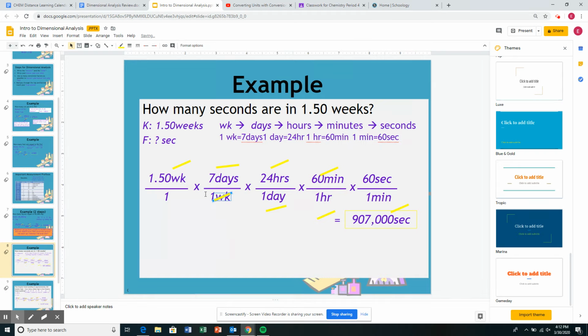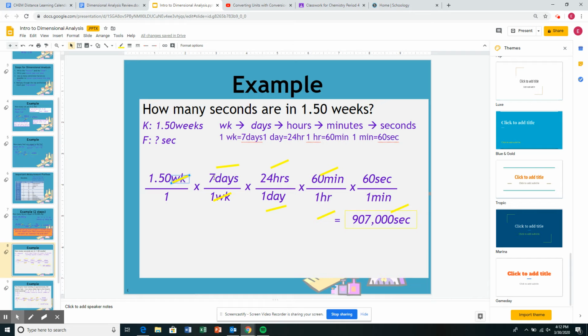So our weeks are canceled. Now we are working with our days. Are we in the unit that we want? Are we in seconds yet? No. So we have to keep adding our conversion factors and setting them up such that the units cancel.